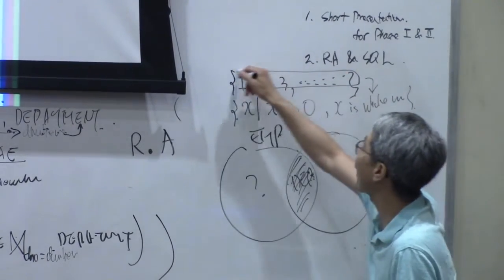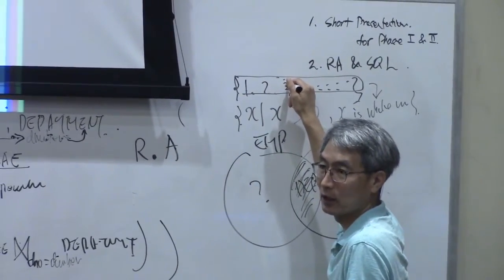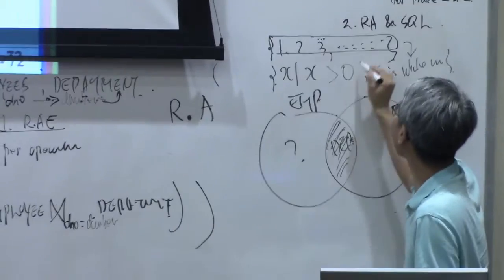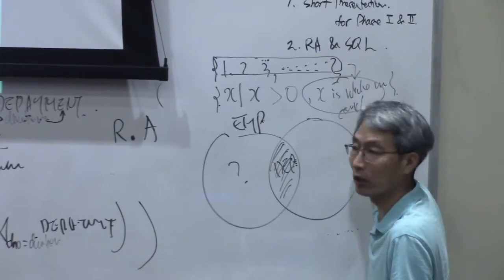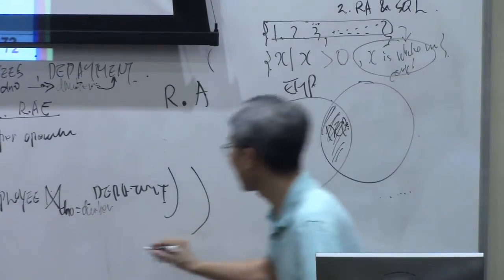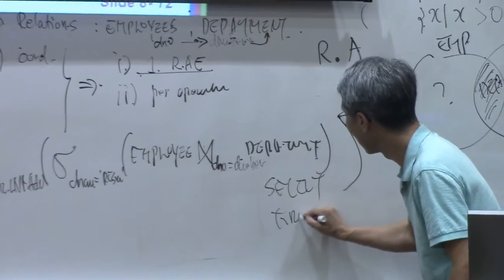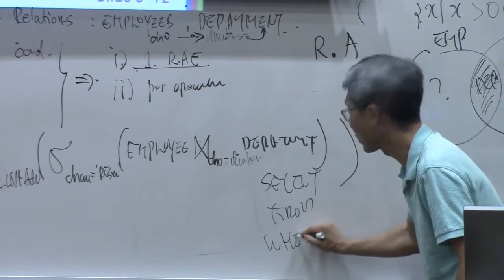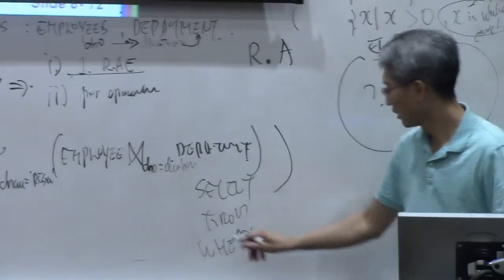A relational algebra expression focuses on this one. On the other hand, relational calculus focuses on the conditional statement. The reason is that later, when we talk about SQL, select from where, some of the students already mentioned, what is the main part?